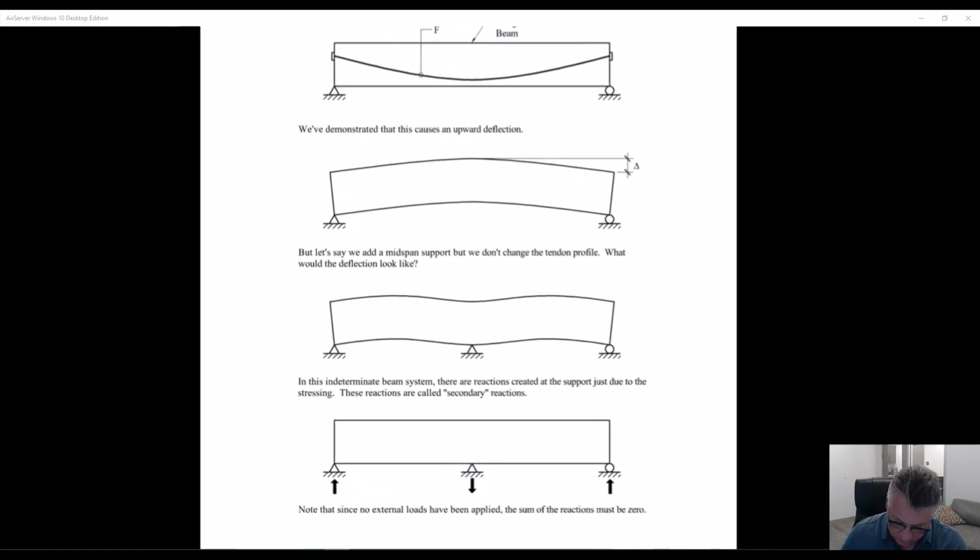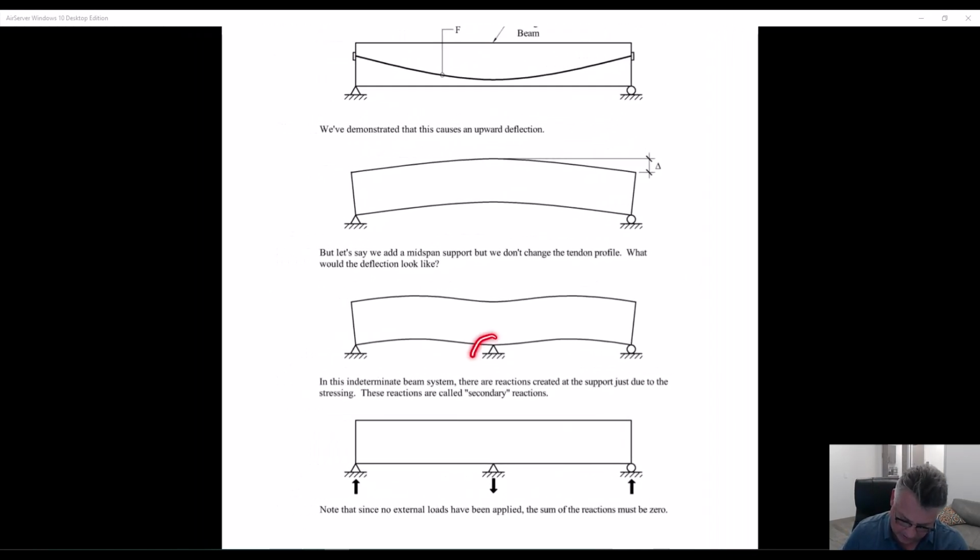But then if you recall, to make a point, I added an interior support. So that interior support had to create a downward reaction on that beam, an actual external reaction that completely offset the deflection that would happen if that support wasn't there.